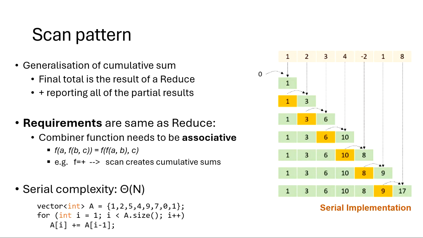You're going to say, here's my vector input. I'm going to have a for loop, and this is a classical for loop, a serial for loop. The for loop is going to iterate over each object in the array, and it's going to keep a running total. In this case, we've done it in place. So we've started with the actual array here, and we're using the same array to update.